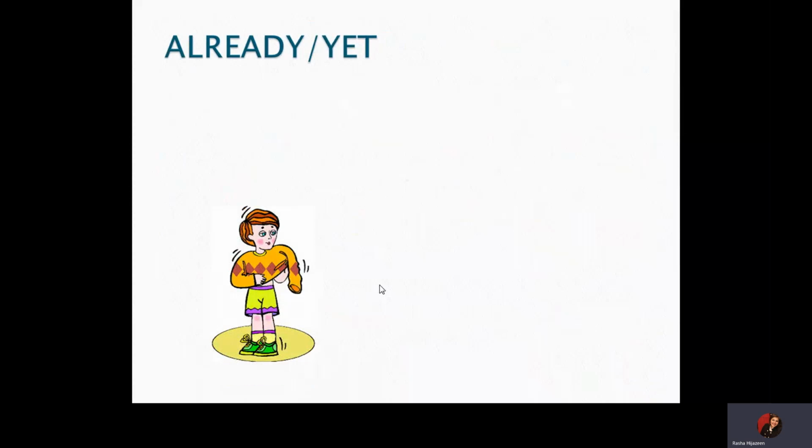We have a boy who's putting the t-shirt on and he's maybe preparing himself to go out. I have already got dressed. Already. I have already got dressed.